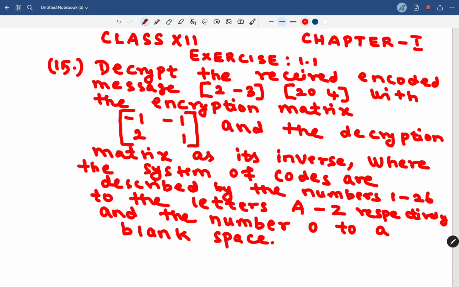From the encryption matrix and with the help of the code 2, minus 3, 24, we have to get the message. And it is given that the decryption matrix is its inverse.